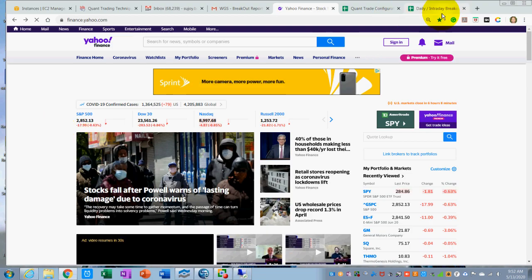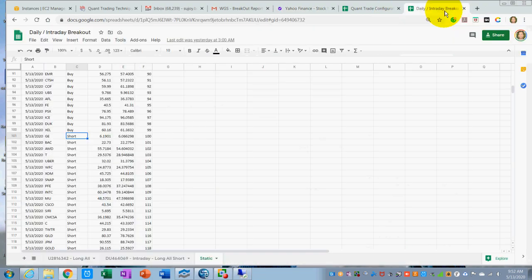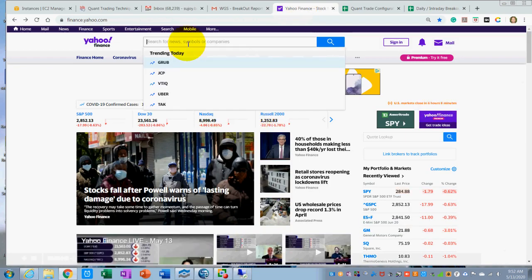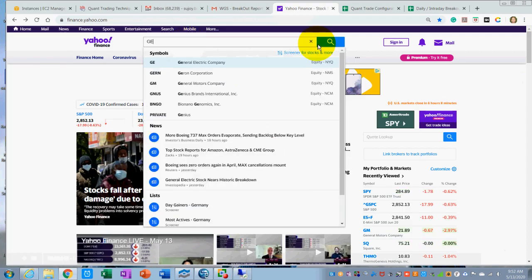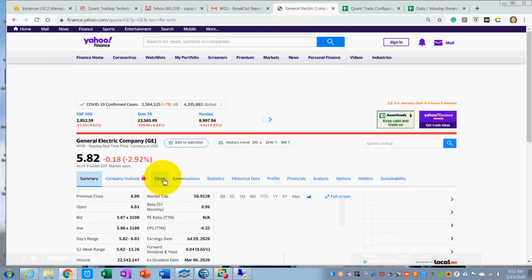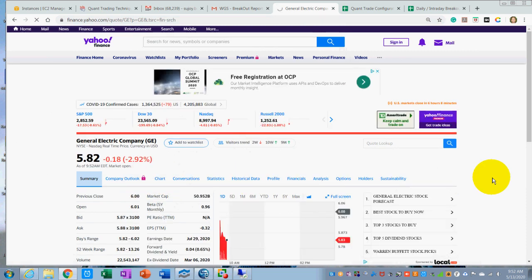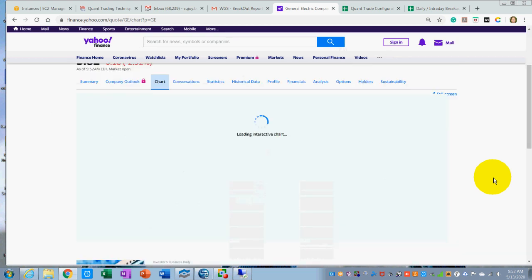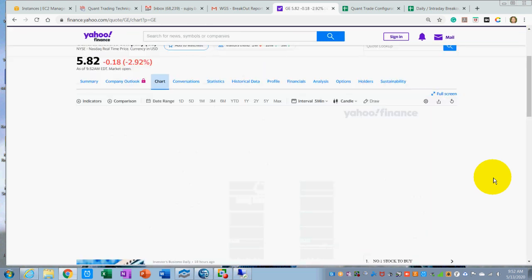And in order to see that, how do you look into it? If you pick up any stock which is on the short side, say GE, I'm just picking up one to give you an idea of what it is looking for. So let's look at this and see whether the last 5-minute criteria is satisfied or not. We are looking into 5 minutes.